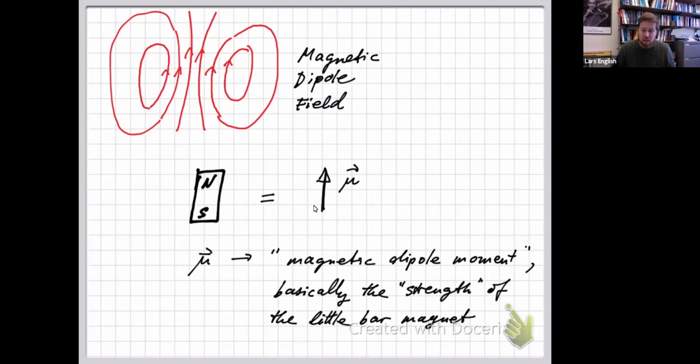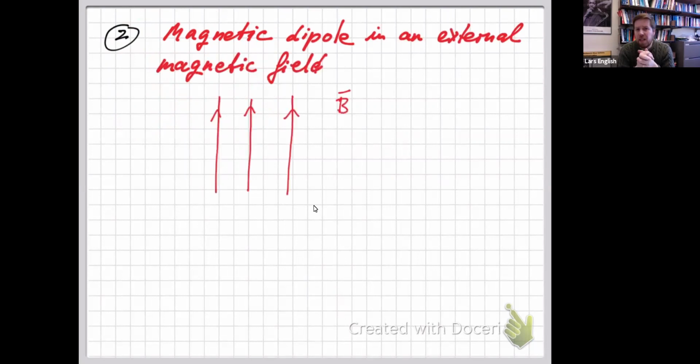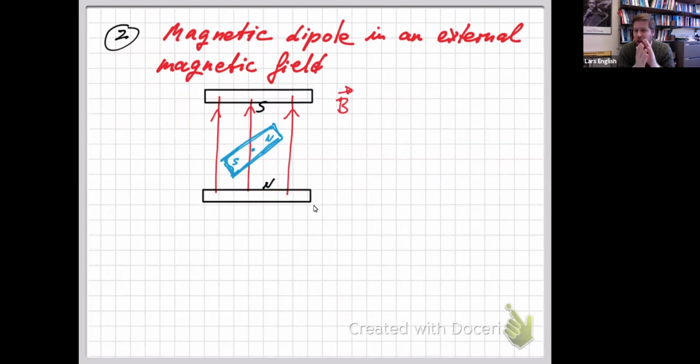Now that we have this magnetic dipole, what we can contemplate is how it behaves in an external magnetic field. I have this bar magnet here in blue, and I didn't draw the magnetic field lines that it produces.